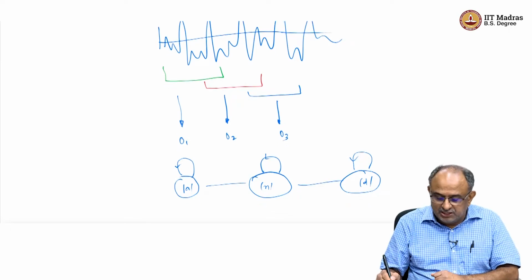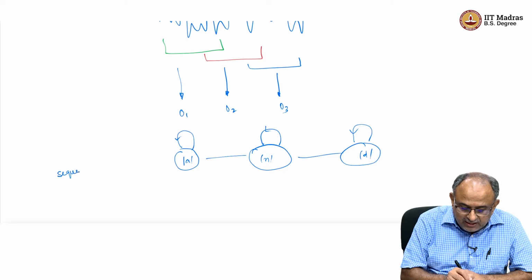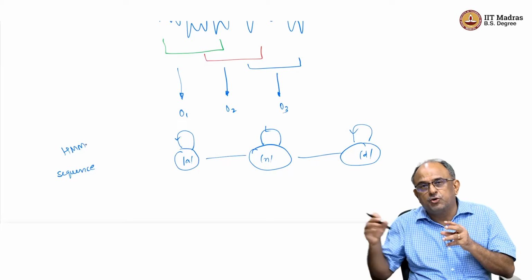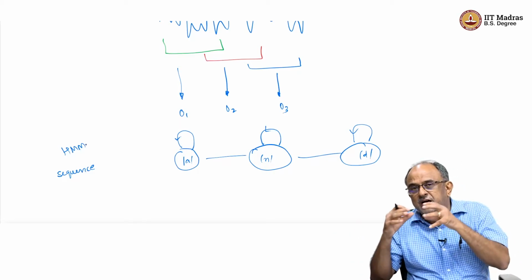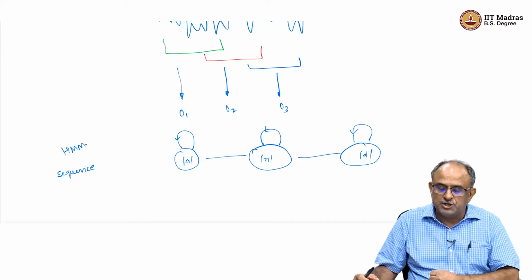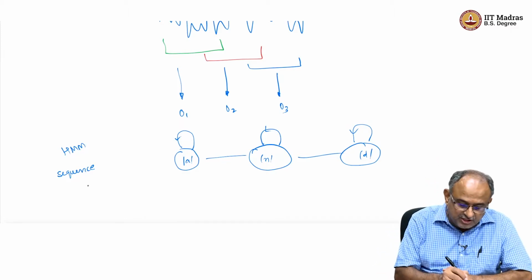This is the sequence information. The HMM is capturing information about how sounds follow each other: after a, n comes, after n, d comes, and so on. This information is captured by the states of the HMM.